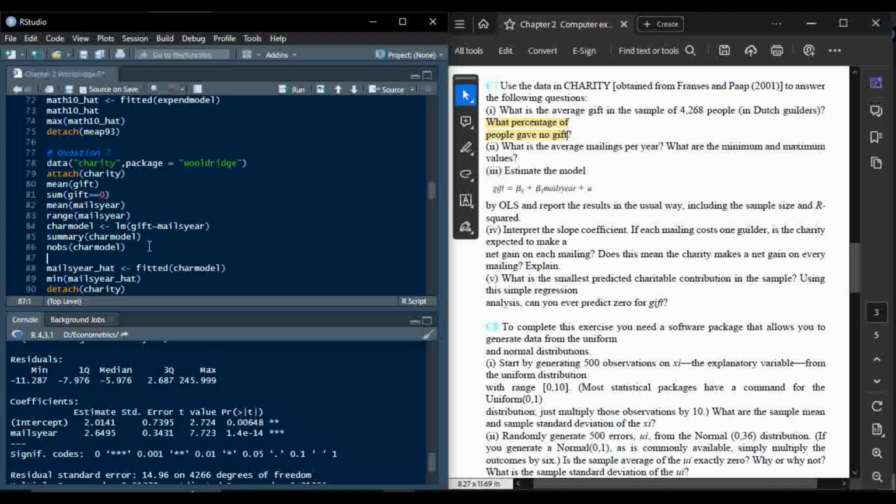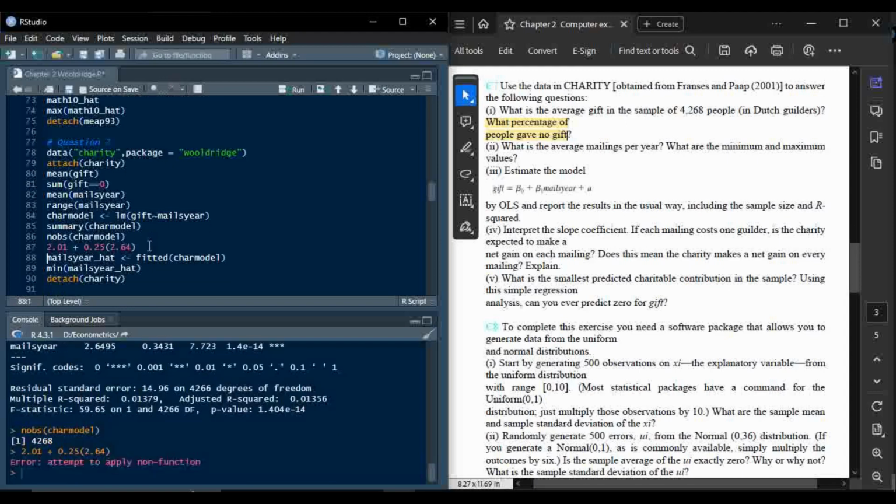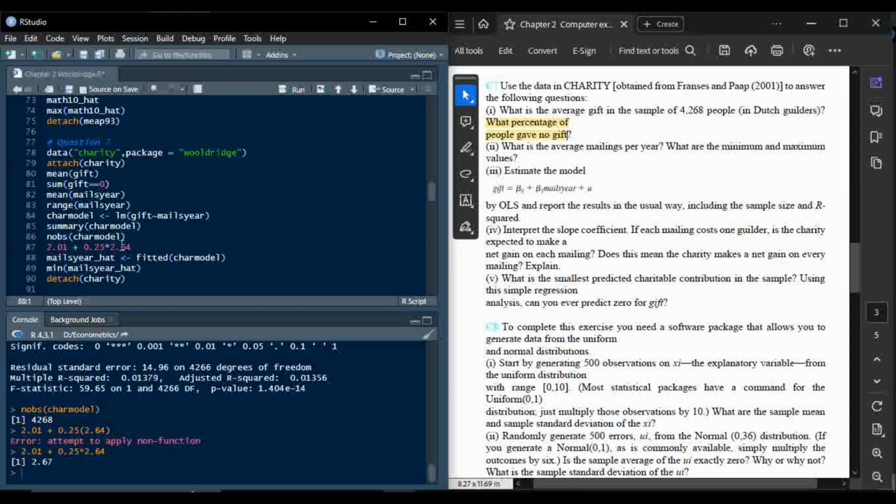We have the value of 2.01 as an intercept, plus the smallest value for mails per year, which has been 0.25, and the slope coefficient was 2.65. Let's use this asterisk symbol for multiplication. The answer is 2.67. It means that the smallest predicted value of gifts is 2.67 guilders.